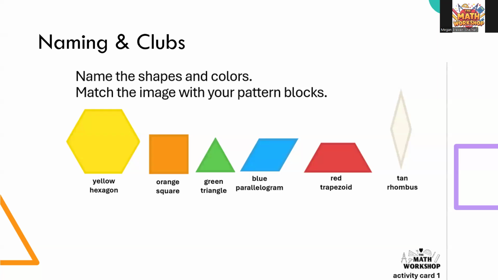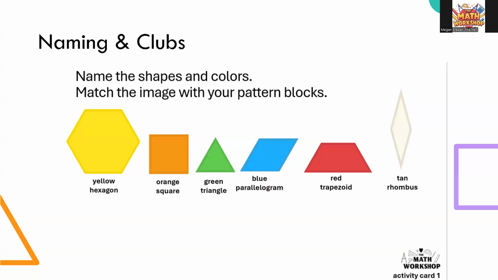Rhombuses have all sides of equal length. How come the blue and the tan shape don't get to be in the square club? The square club is special. Do you remember why? To be in the square club, you have to have 4 equal length sides, which the blue and the tan shape do have.